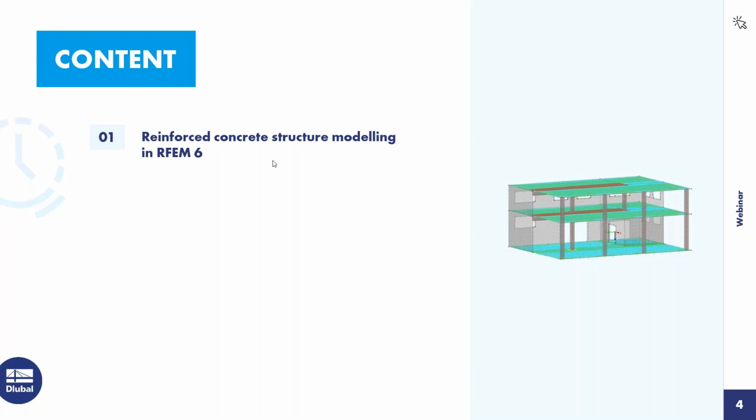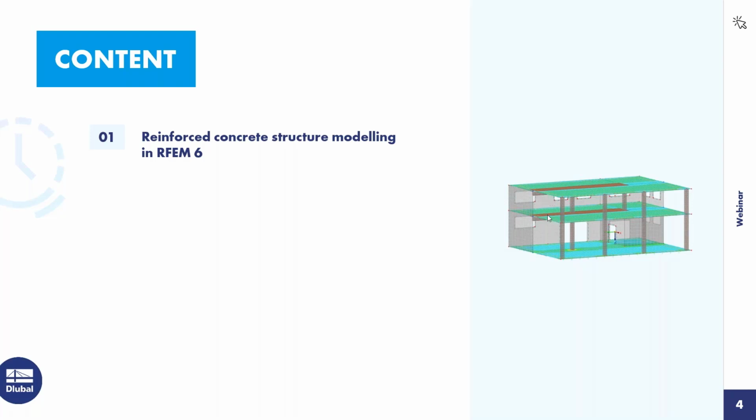So I will present today the modeling and the definition of some additional tools for the design of these reinforced concrete structures. I will especially take care of the design of the slab over the ground floor.